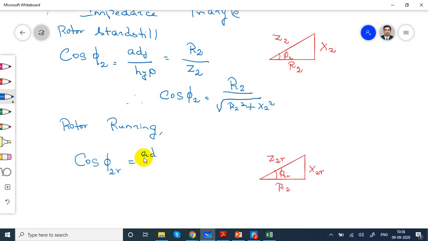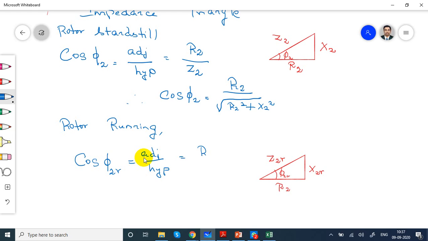same, adjacent by hypotenuse. Since the rotor resistance value during starting, that is standstill, and the running condition is the same, the rotor resistance value will be same.